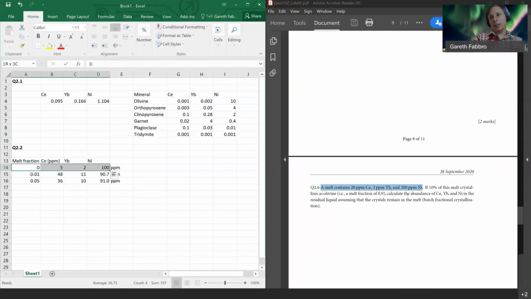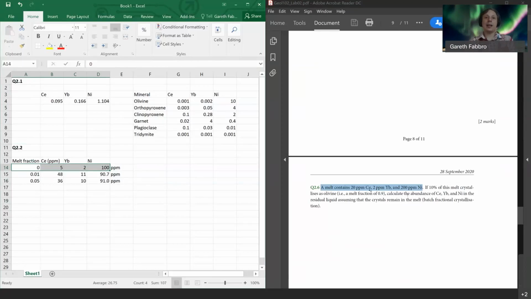Here we're doing it in the melt, but the reason that works is because if you have 100% melt or 100% solid, you have to have the same concentration, because we're assuming in these calculations that there's no addition of material, there's no removal of material. So what you start with is what you end with.